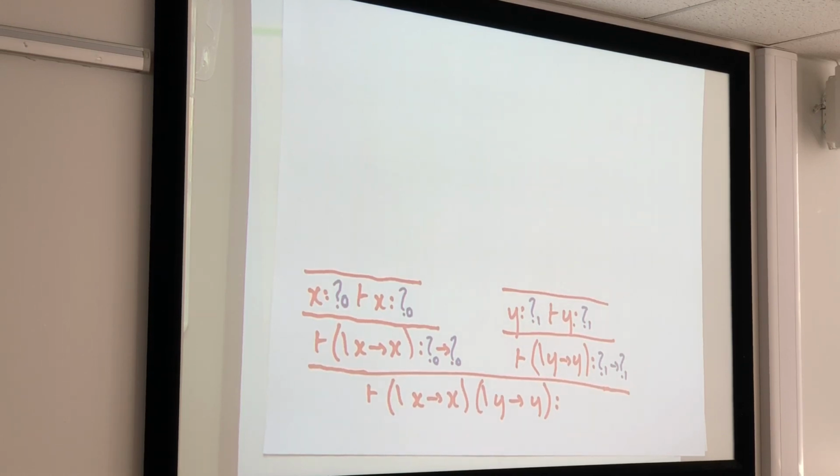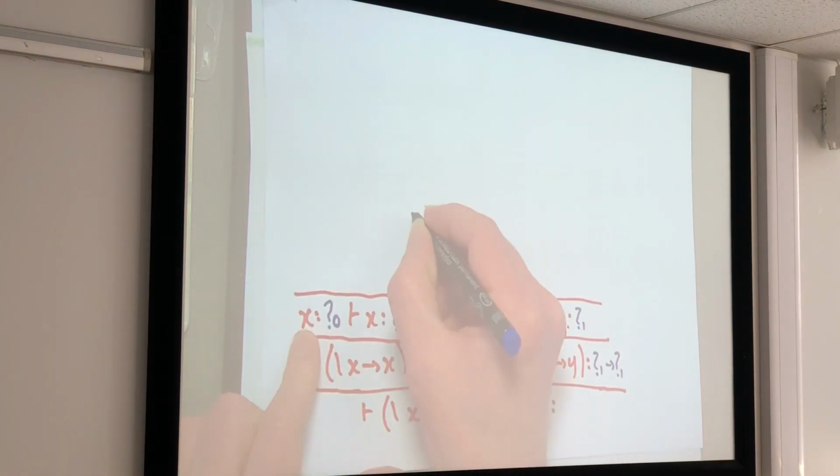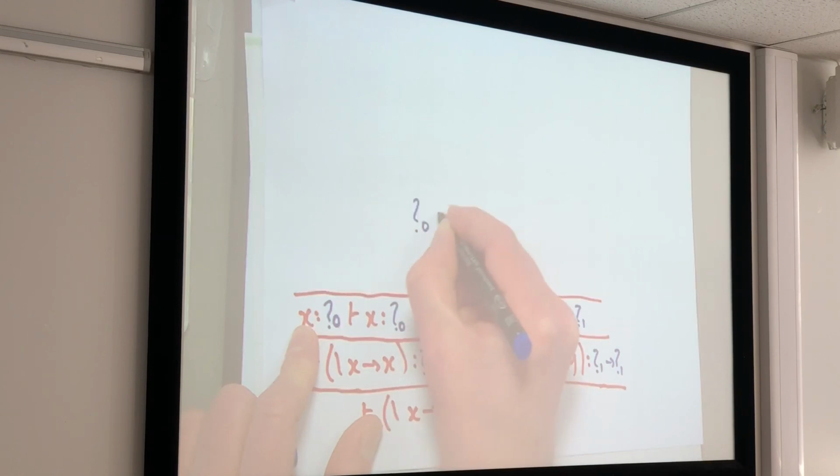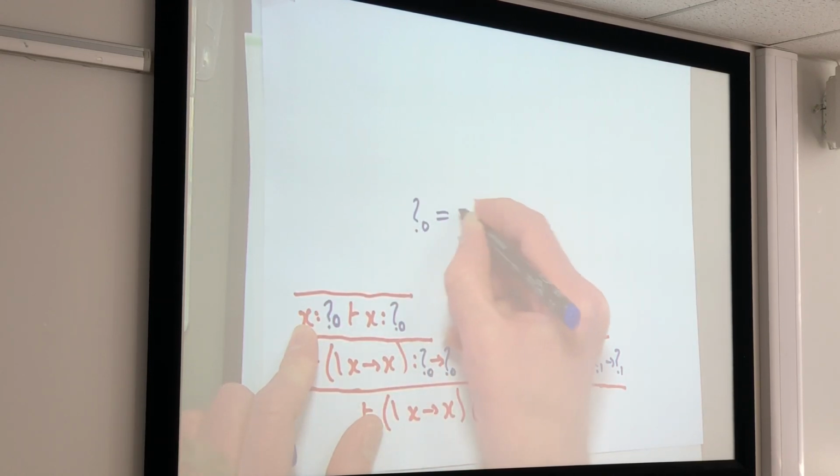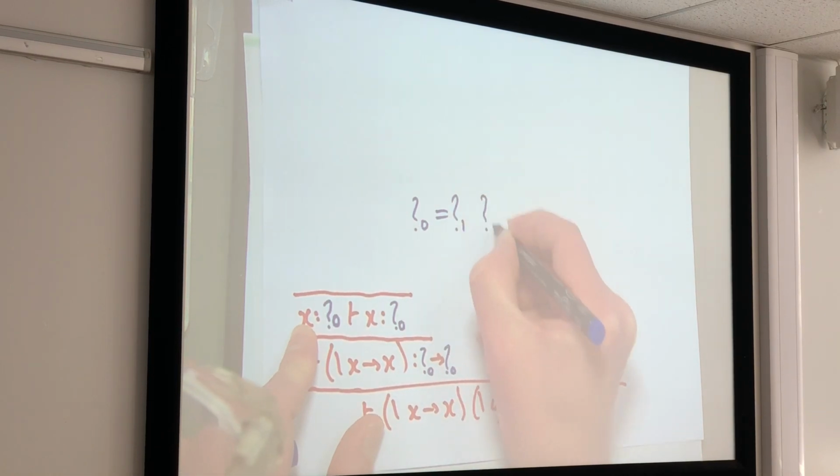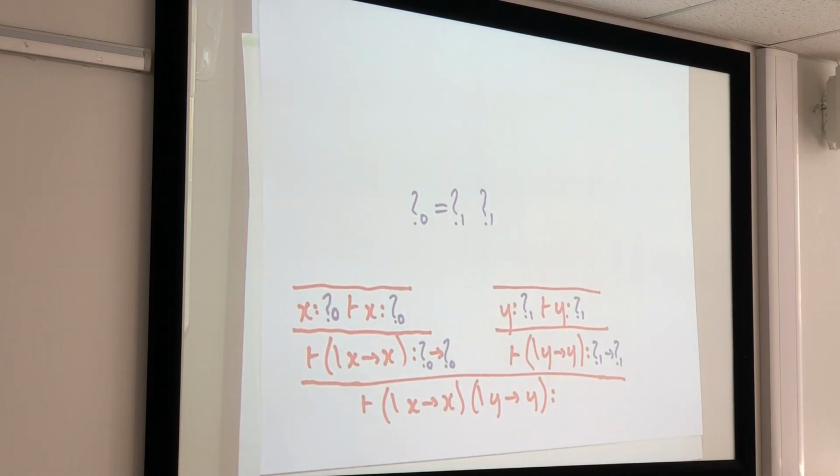The argument has to be the kind of thing that the function expects as an input. So that tells us that we have a constraint. We need question mark 0 to be equal to question mark 1 arrow question mark 1.